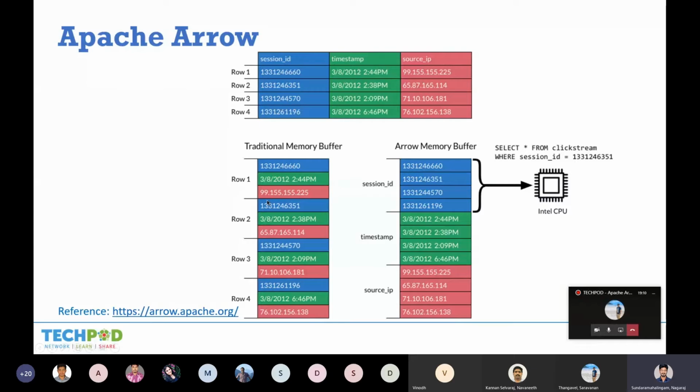But if you read by row, then only after you read all the records can you recognize the data types of each column. If you read column by column, you can easily identify the data types once you read the first column itself.